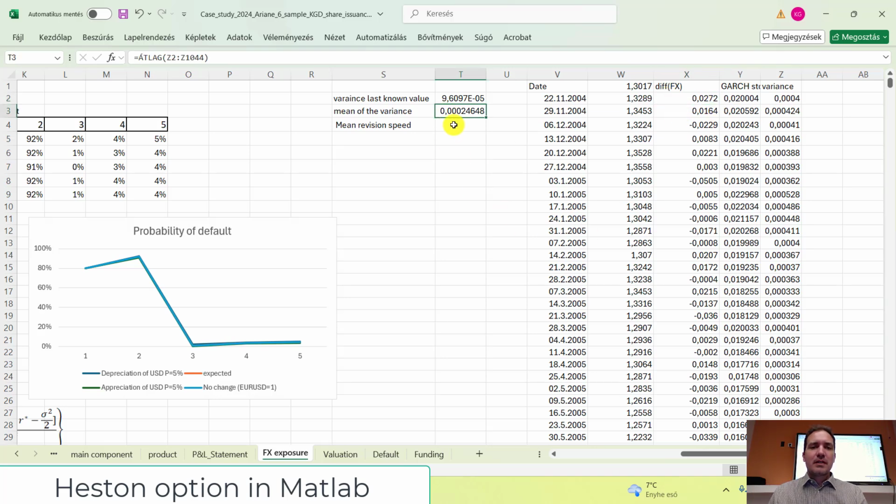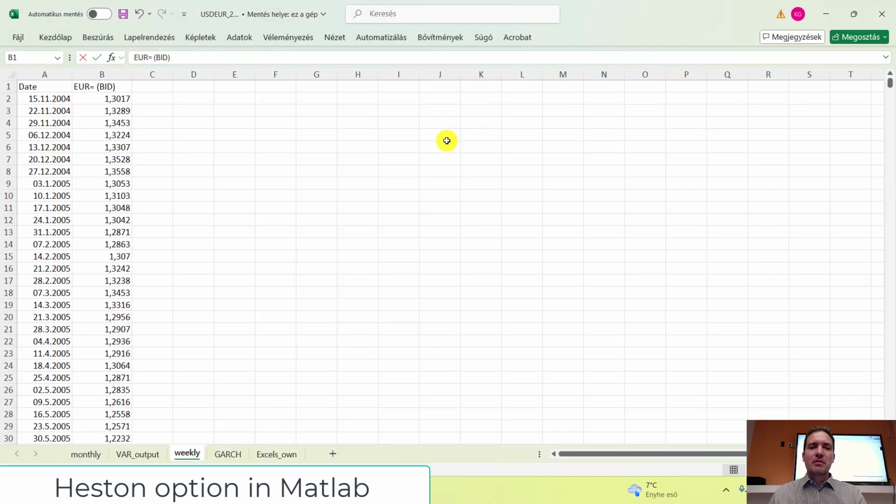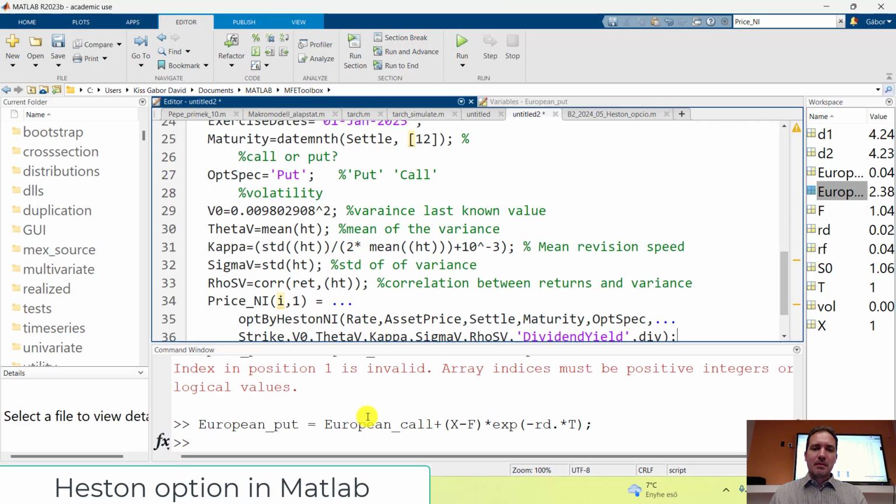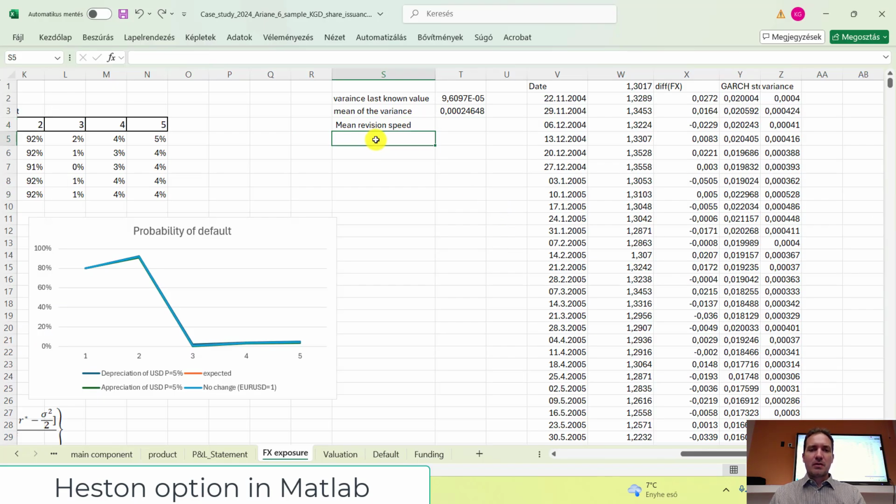So mean of variance, this number, and after that there is this mean reversion speed, which can be only estimated by this equation here. So the standard deviation of the standard deviation must be estimated, but it's easier if you start here with the standard deviation of the variance.